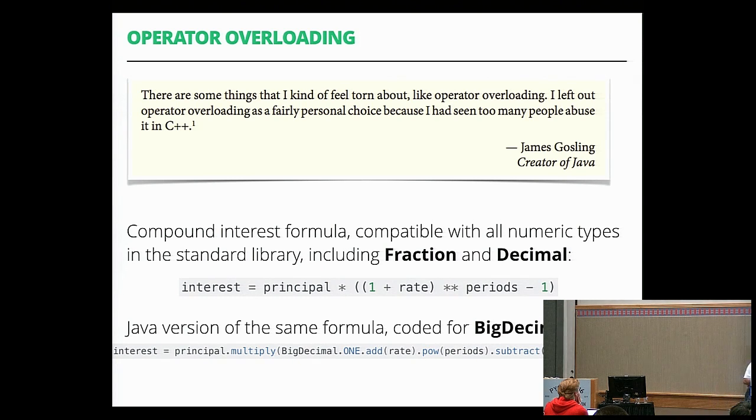In Java, there's BigDecimal. However, because Java does not have operator overloading, when you're not using one of the standard built-in types, or primitive types, you cannot use infix operators anymore, and your formulas start looking like that, which is really terrible, right?